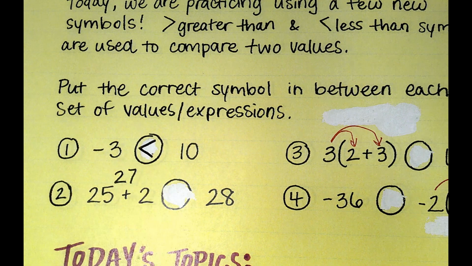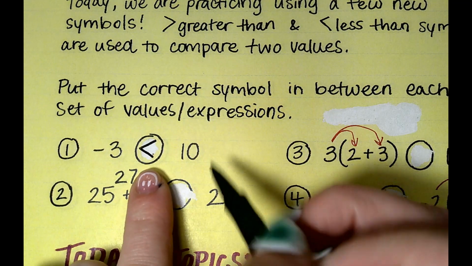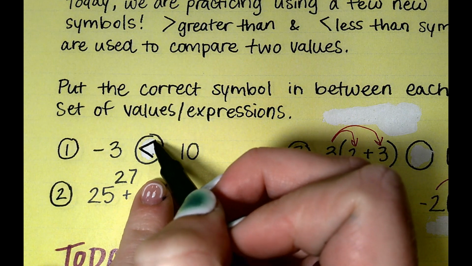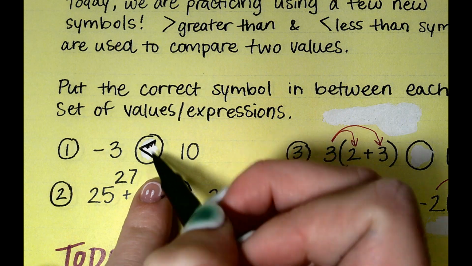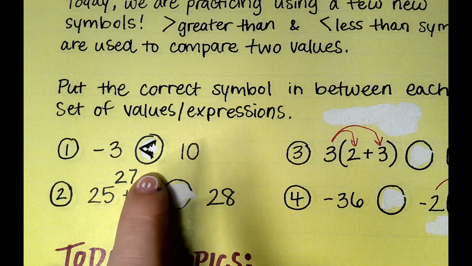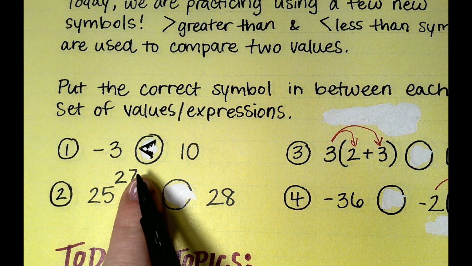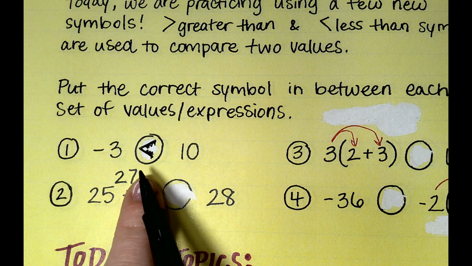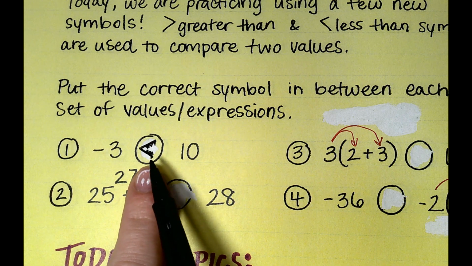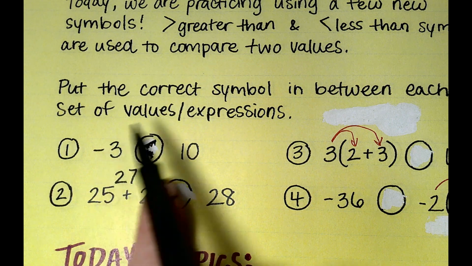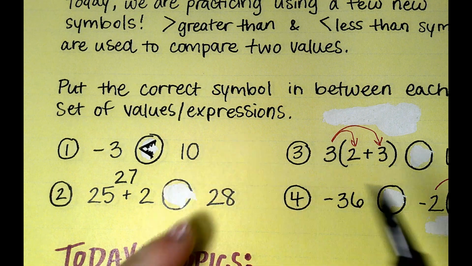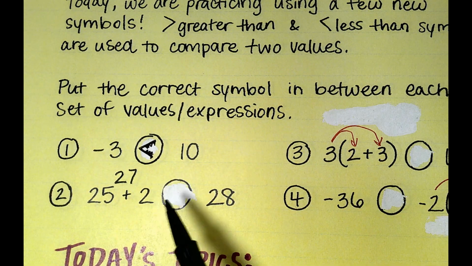This means less than. Now, where the teeth make sense is I like to think this is my alligator, and he is very hungry, and would he rather eat a tiny -3 or a great big 10? Well, he'd rather eat the 10 because he's hungry.